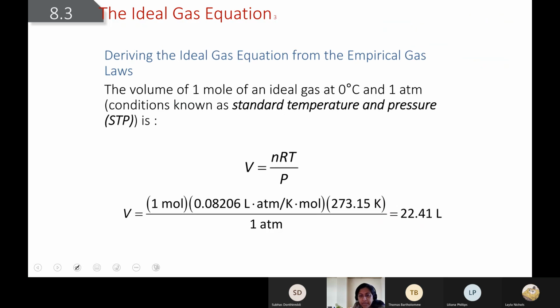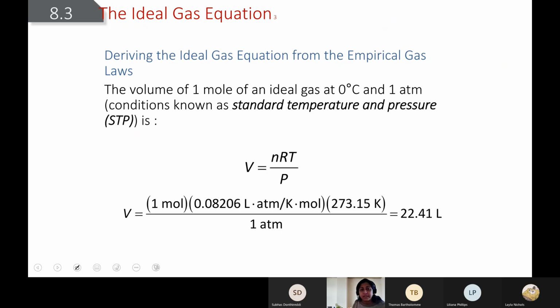So, the ideal gas law equation: using it, we can relate it to all other forms.